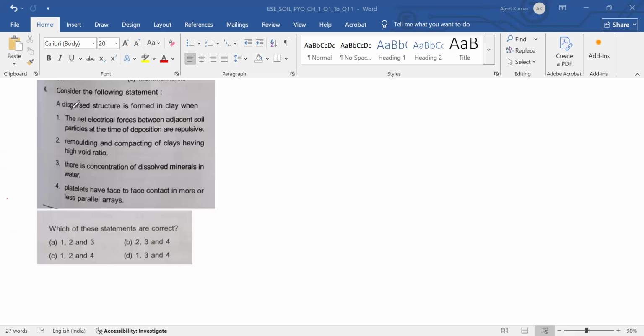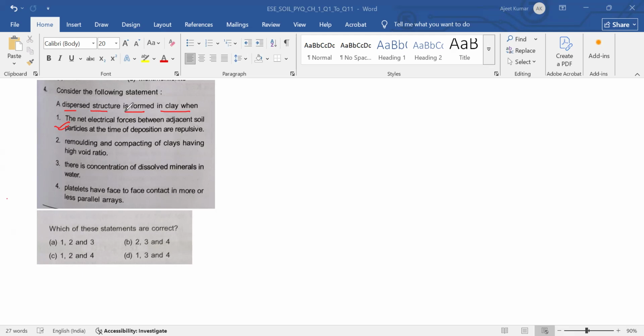Consider the following statements. A dispersed structure is formed in a clay when the net electrical forces between adjacent soil particles at the time of deposition are repulsive. Yes, this statement is correct. Let's see the second statement.